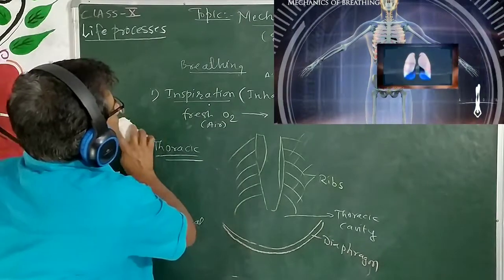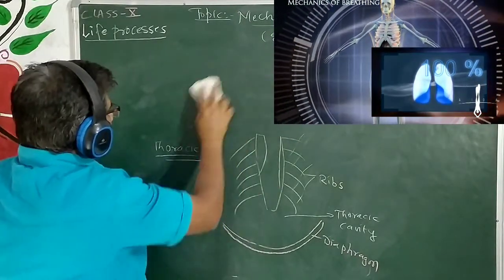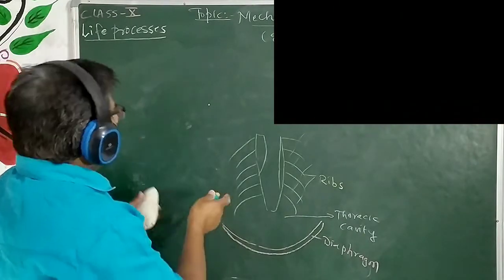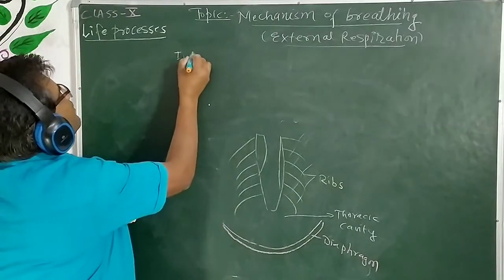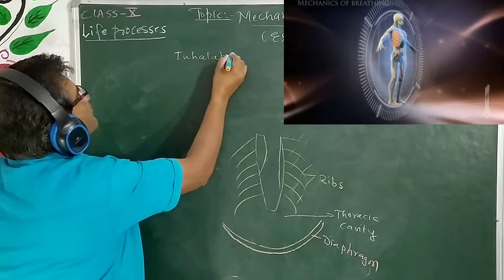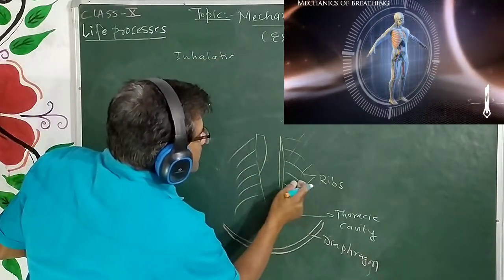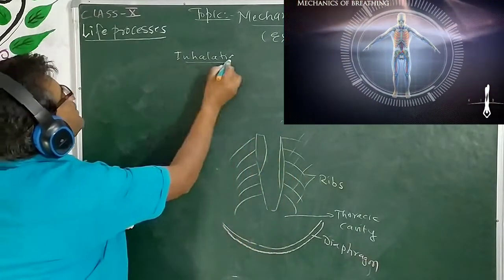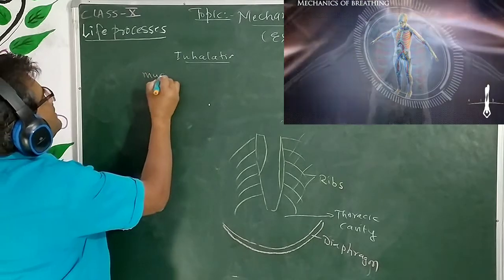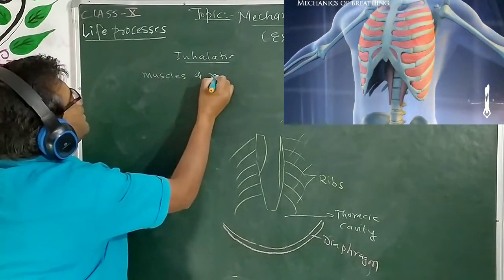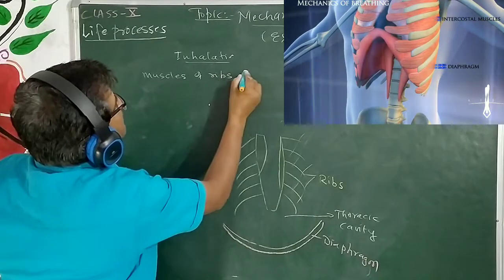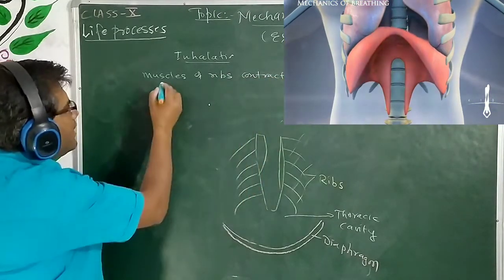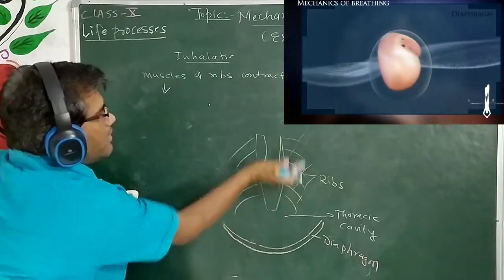Now children, during inspiration what happens? In the mechanism of respiration, first is inhalation. How does this happen? The muscles attached with the ribs, which are called respiratory muscles, contract. When the muscles of the ribs contract, the ribs move upward.